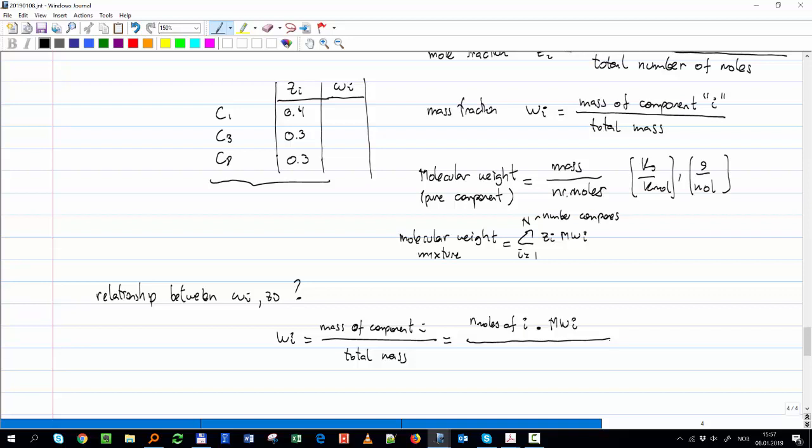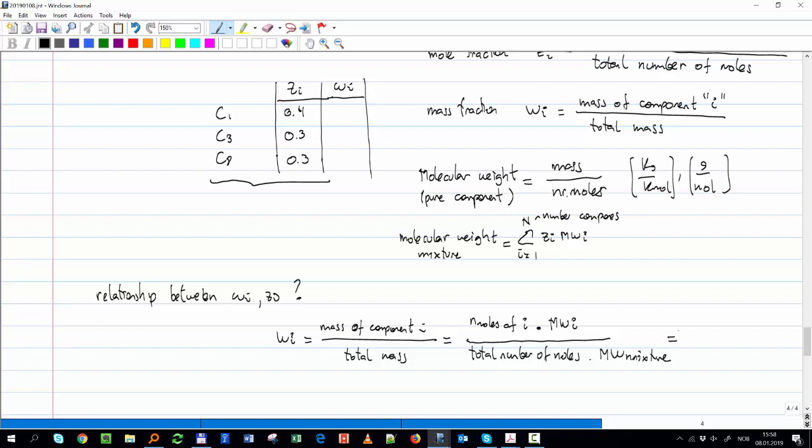the total mass, the same thing, the total number of moles times the molecular weight of the mixture.